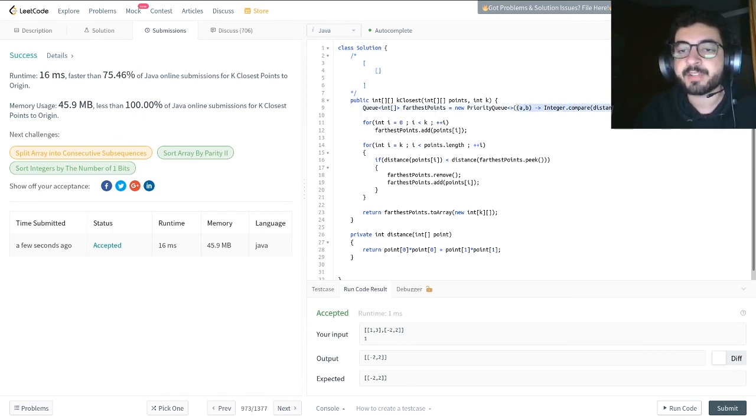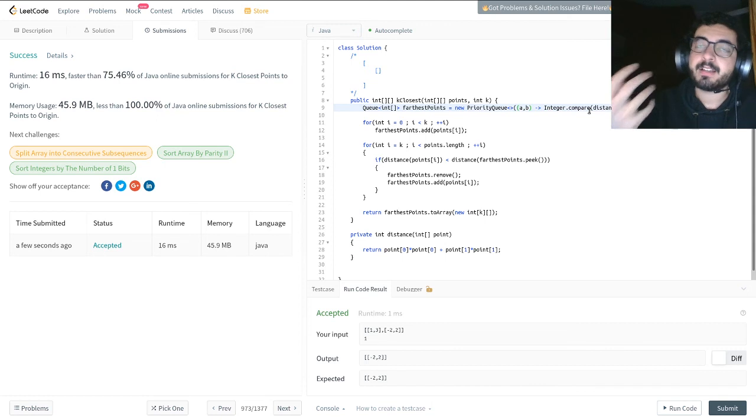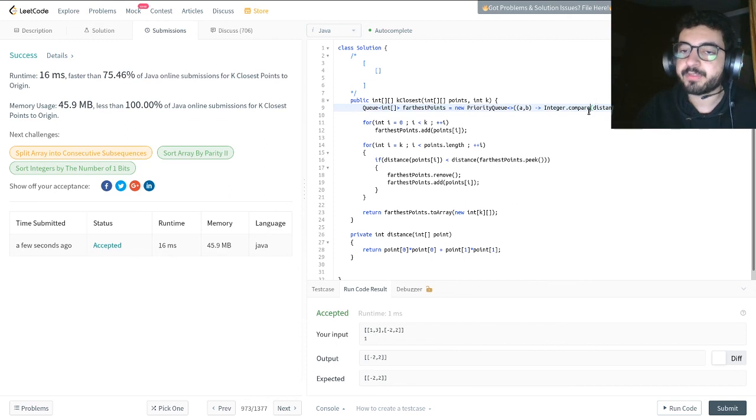So basically what I did here is, using a lambda expression, making an anonymous object of that comparator while implementing it. a is an int array, b is an int array, Integer.compare is a built-in method that should be used while constructing a comparator, which you can look up yourself if you want. It's out of scope of the video. Distance of b and distance of a. What that basically does is sort them in descending order, which is what we need.